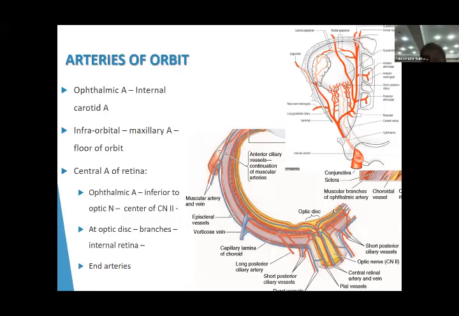So one has to be very careful. So central artery of the retina, if a thrombus is present inside the central artery of the retina, then this leads to blindness, because retina के nerve supply जब खत्म हो जाएगी तो vision is lost.